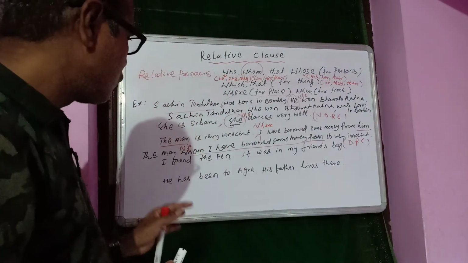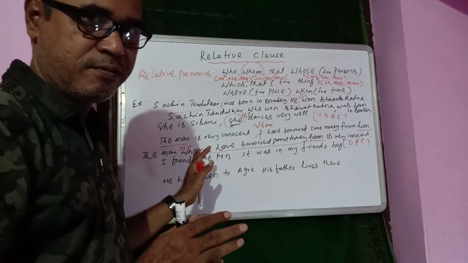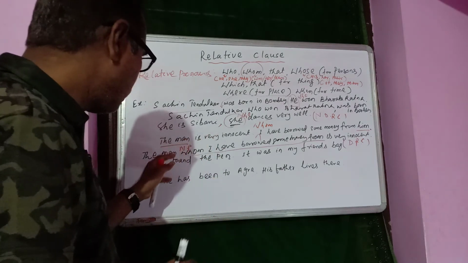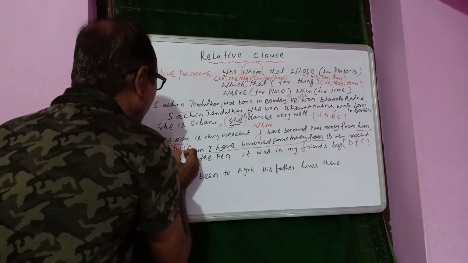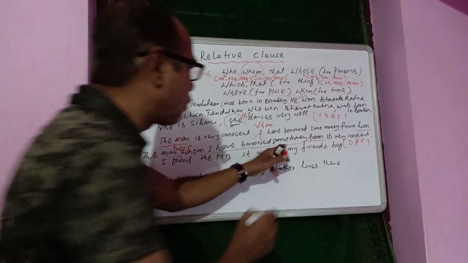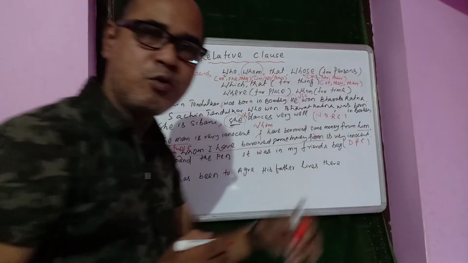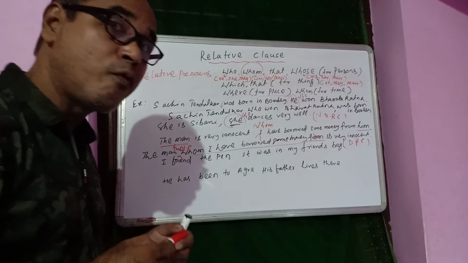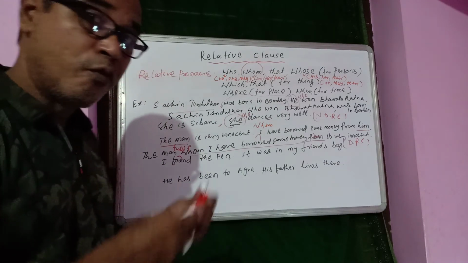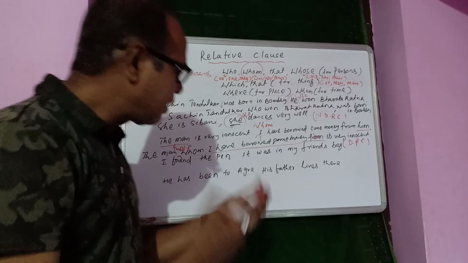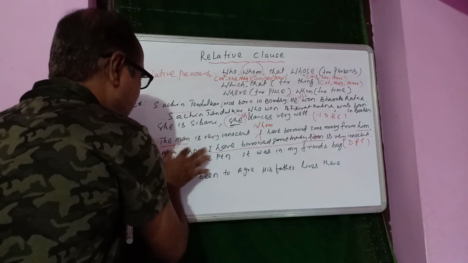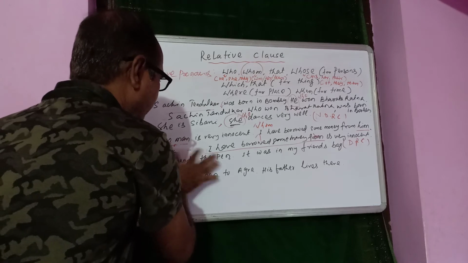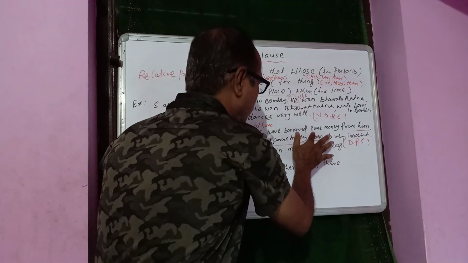We can also write the man from whom I have borrowed some money is very innocent. This is very formal.